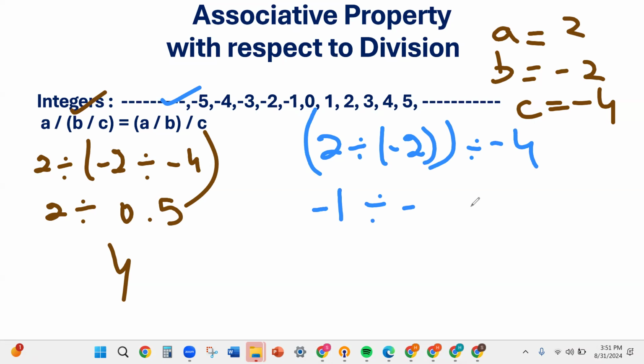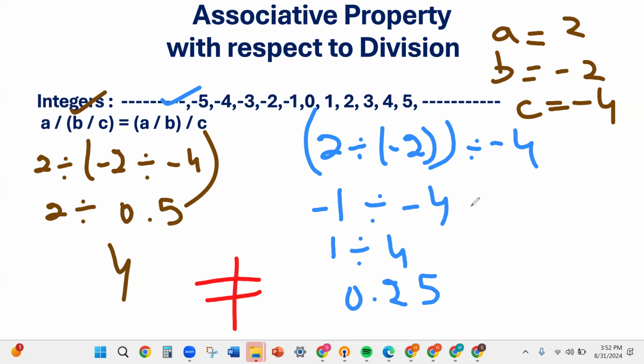Minus 1 divided by minus 4. 1 divided by 4. Minus and minus is cancelled. And 1 divided by 4 is 0.25. So this property is false. 4 is not equal to 0.25. So you can write this is not satisfied.